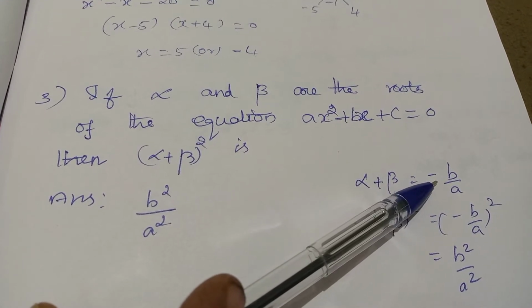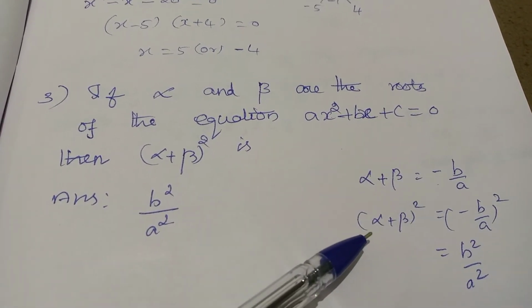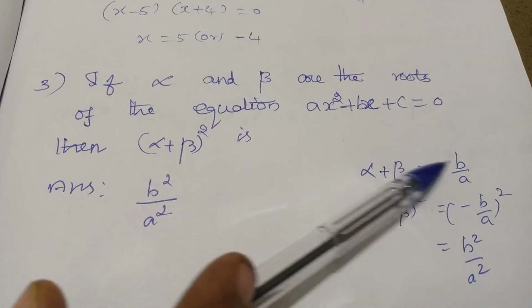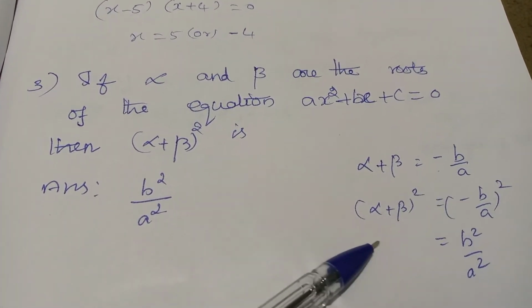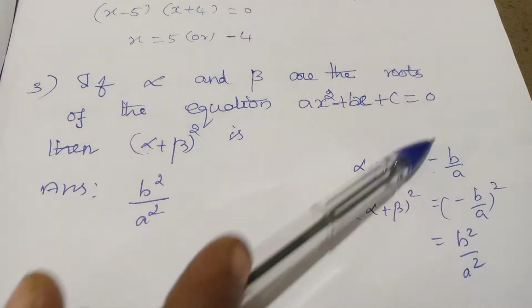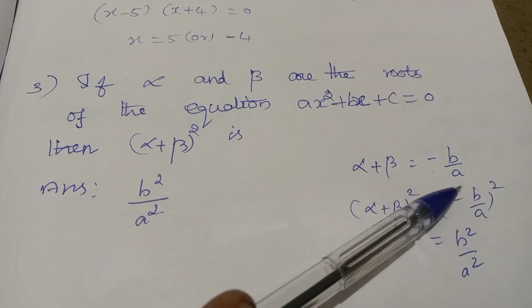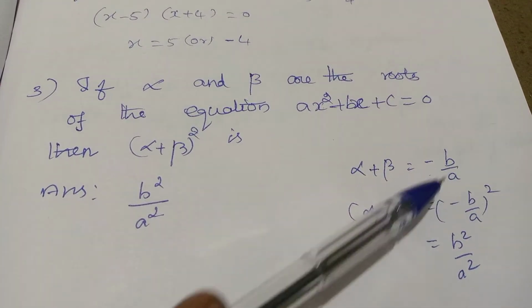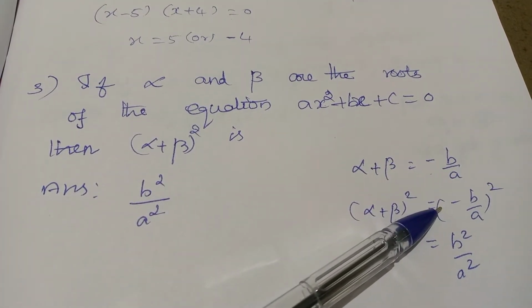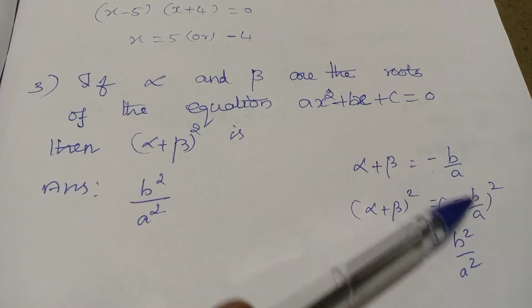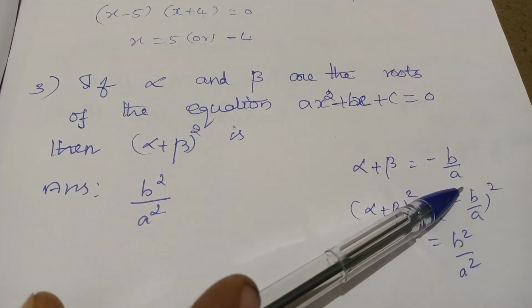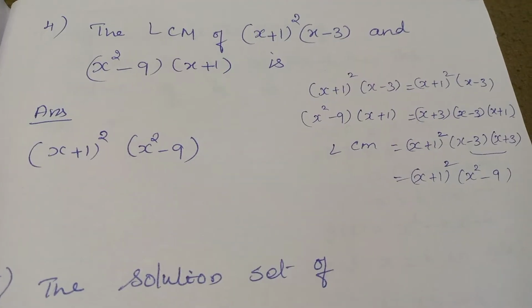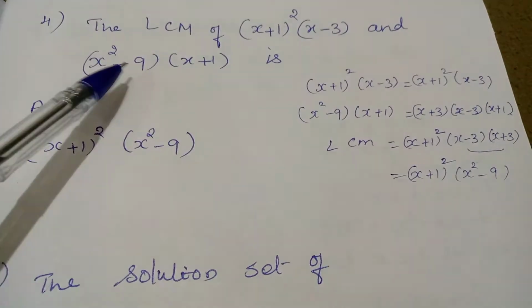Here they asked for the value of alpha plus beta the whole square. Alpha plus beta is minus b by a, so we have to square this value. So minus b by a the whole square. When we square, minus into minus becomes plus. B by a the whole square can be written as b square by a square. Okay, understood students?